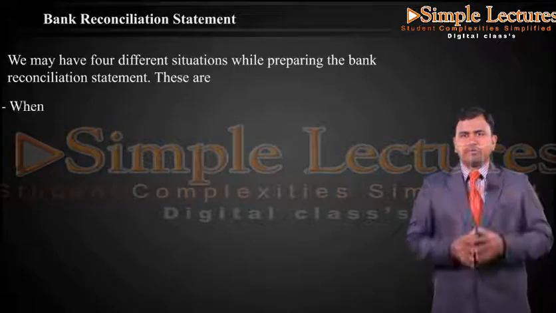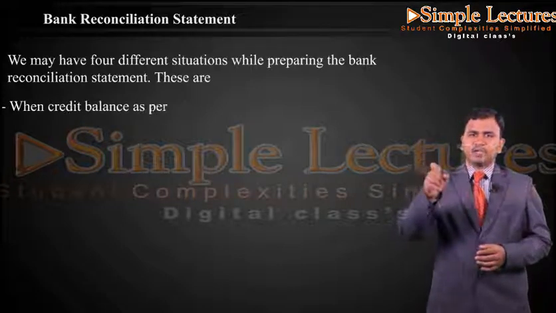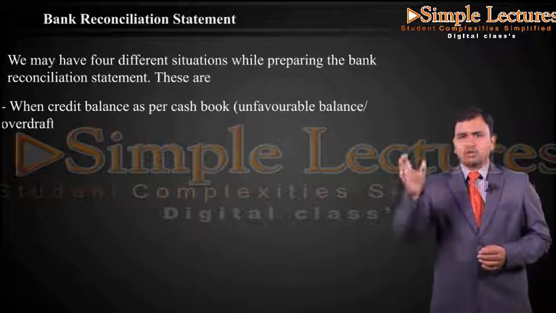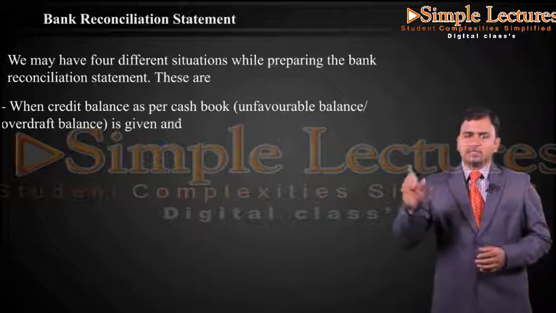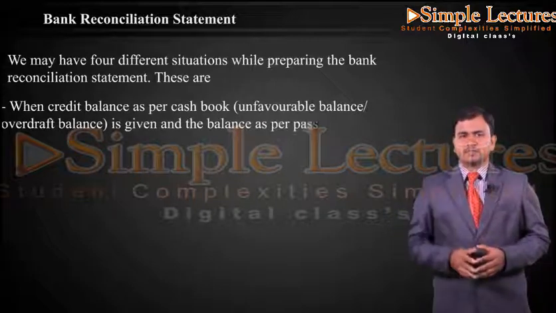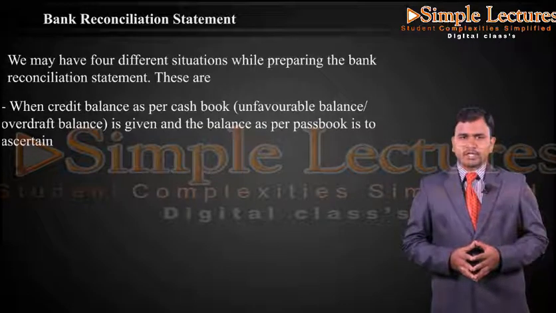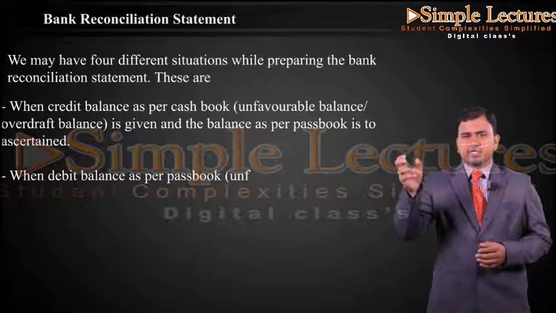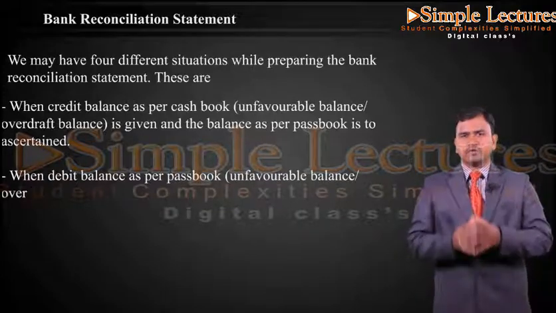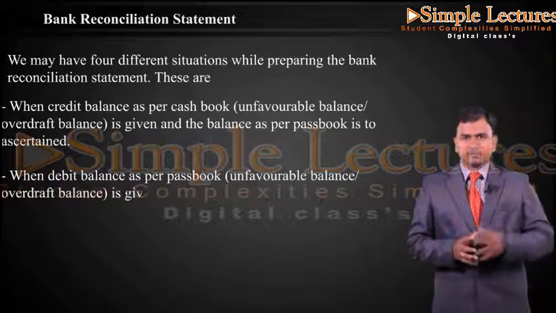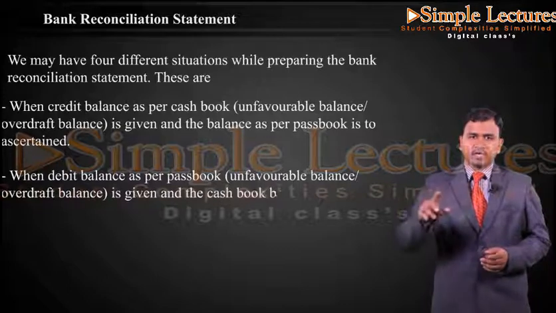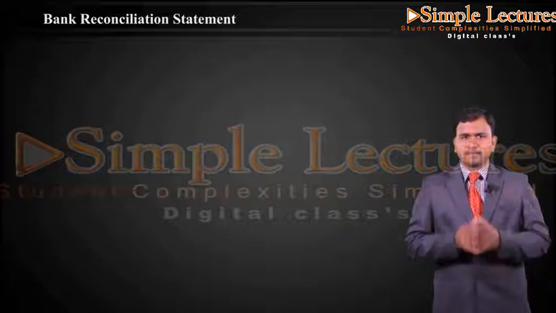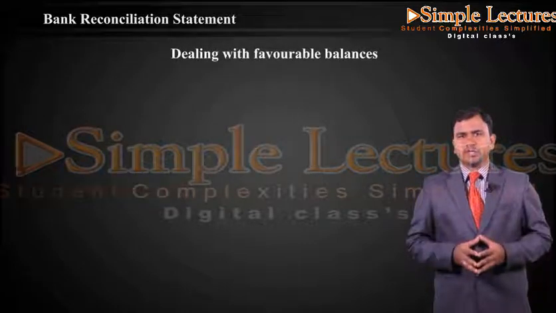Coming to the third case, when credit balance as per the passbook, which is unfavorable balance or overdraft balance, is given and balance as per the cash book has to be ascertained. Case 4, when debit balance as per the passbook, which is unfavorable balance and overdraft balance, is given and the cash book balance is to be ascertained. So here we are dealing with unfavorable balance.